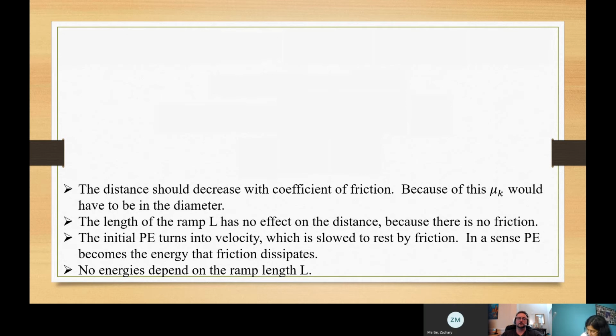They cancel out. And now I'm left with 2h over mu k. And that is my equation for D. So I'm like, okay, that's interesting. And I did not put some of this stuff up here, but I also started to work out to see if I could work L into this. And I should have realized immediately there's no way to work L into this, because I would have had sine in there, and there wasn't sine in that other problem.